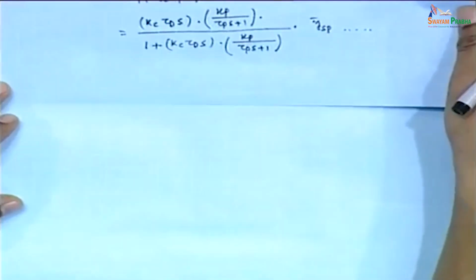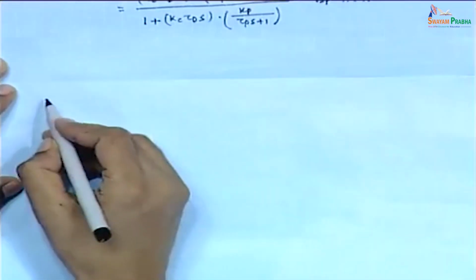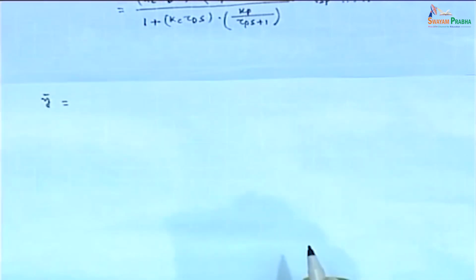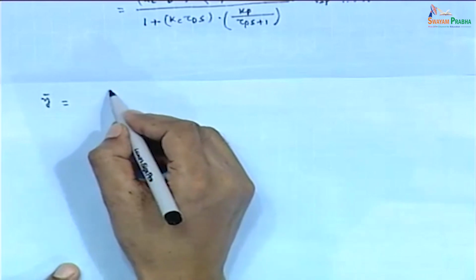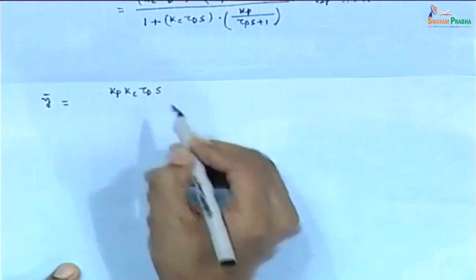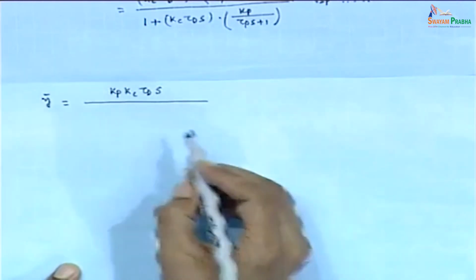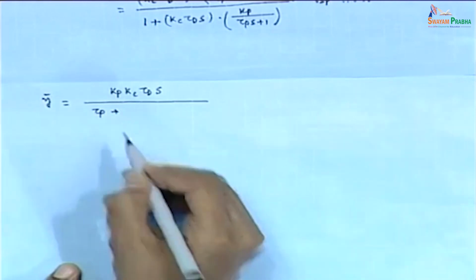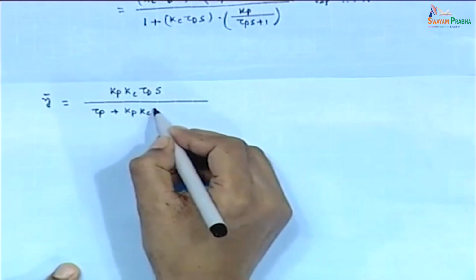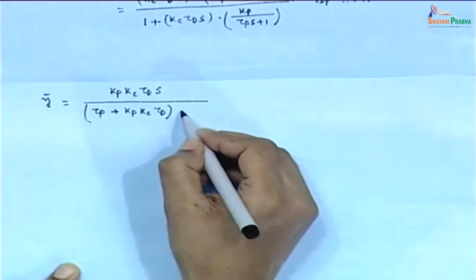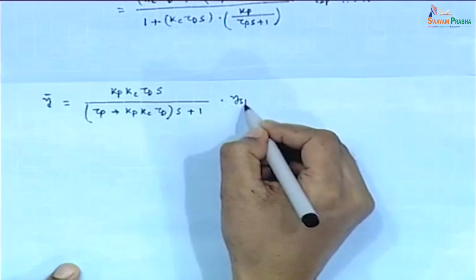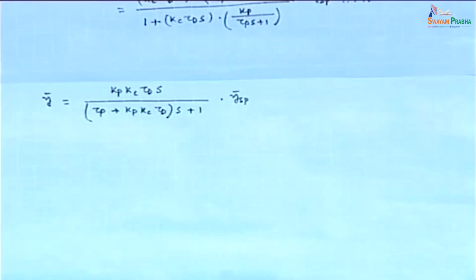Now, if we rearrange further, then we obtain the final form of closed loop transfer function as y bar equals Kp Kc tau d s divided by tau p plus Kp Kc tau d, multiplied by s plus 1, times y set point bar.